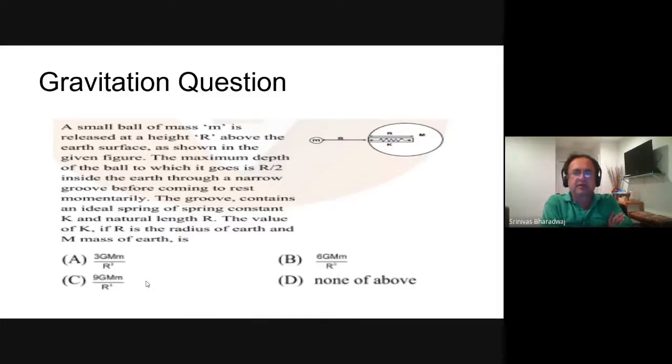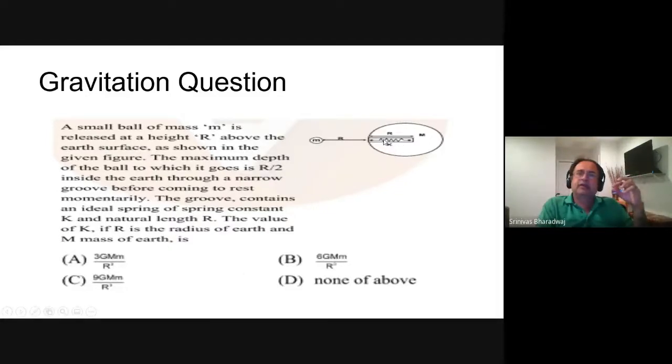How can you say what the k is, right? The maximum depth of the ball to which it will go is r by 2. Okay, so that's what he's saying. So at that point when it goes to r by 2, you have f equals kx. So k times r by 2, since it's compressed by r by 2, equals the gravity at this point.